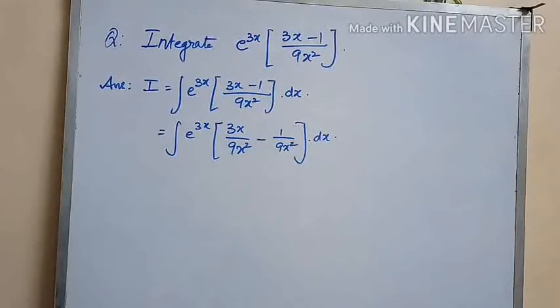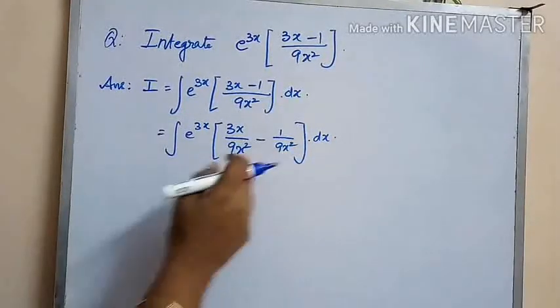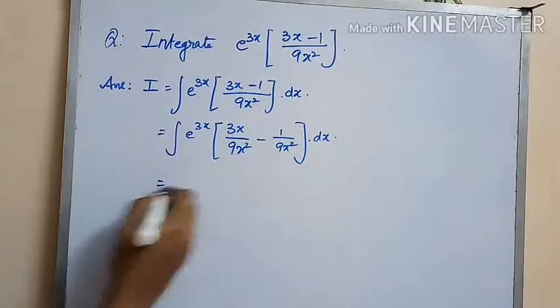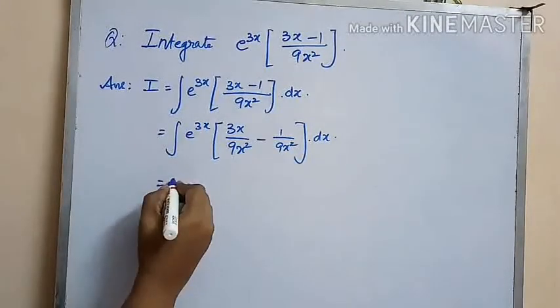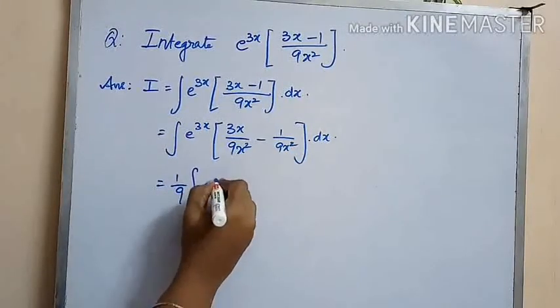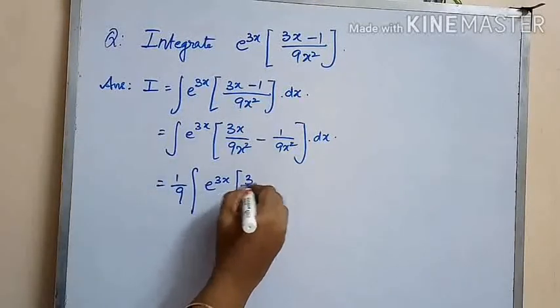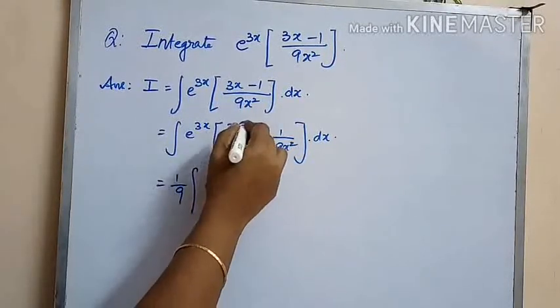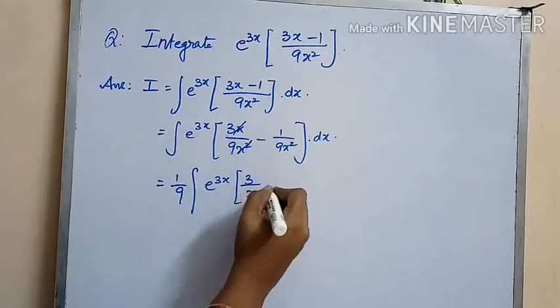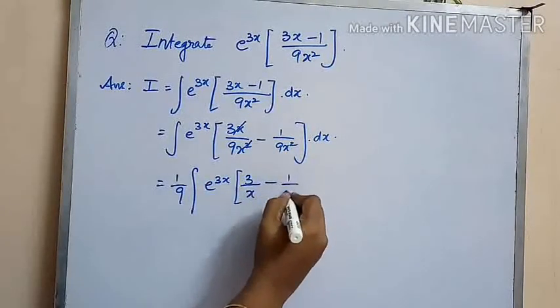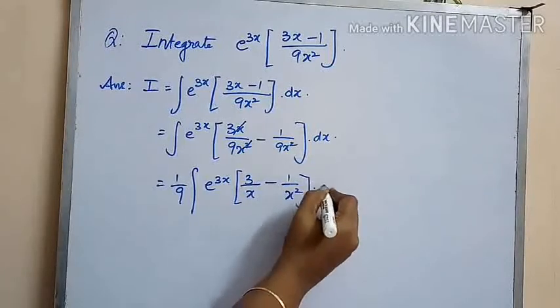Let us bring 1 by 9 as a common factor outside. So we get 1 by 9 into integral of e to the power of 3x into 3 by x, here x and x square get cancelled, minus 1 by x squared into dx.